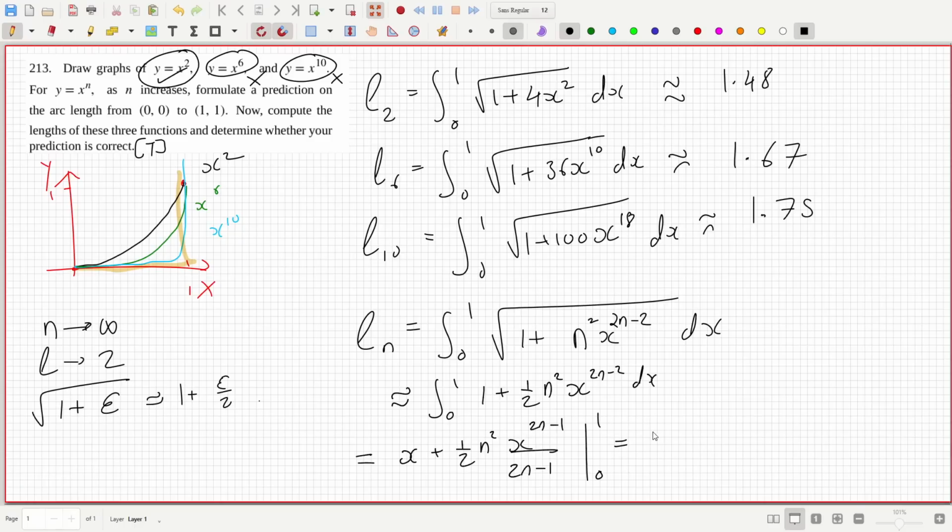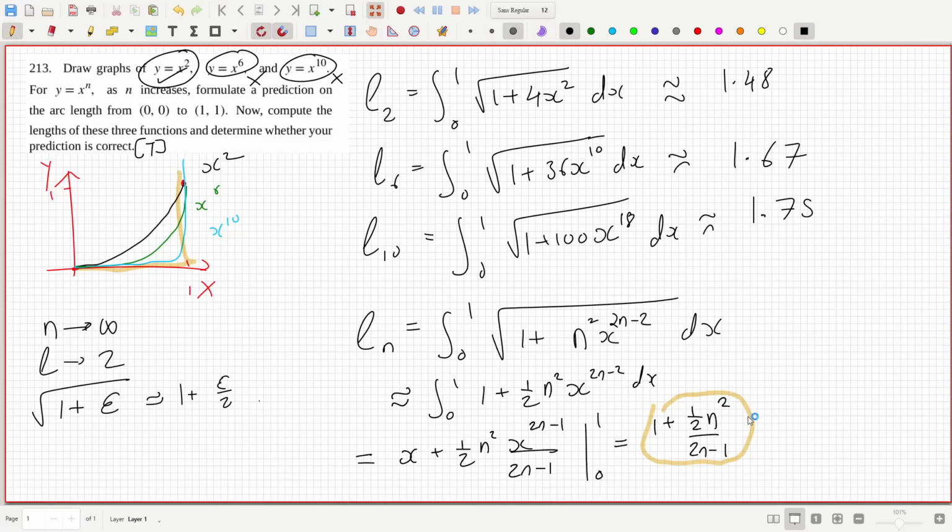So if you put 1 in, 1 plus a half n squared over 2n minus 1, and then put in 0, you get 0. So you're just left with this.